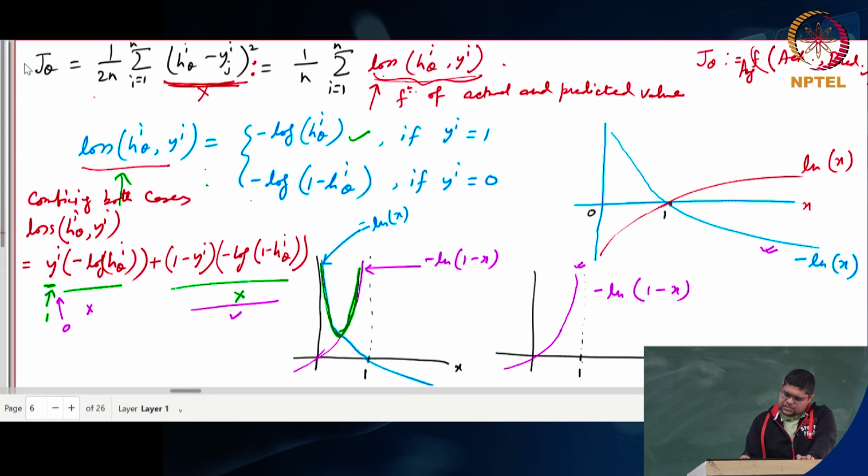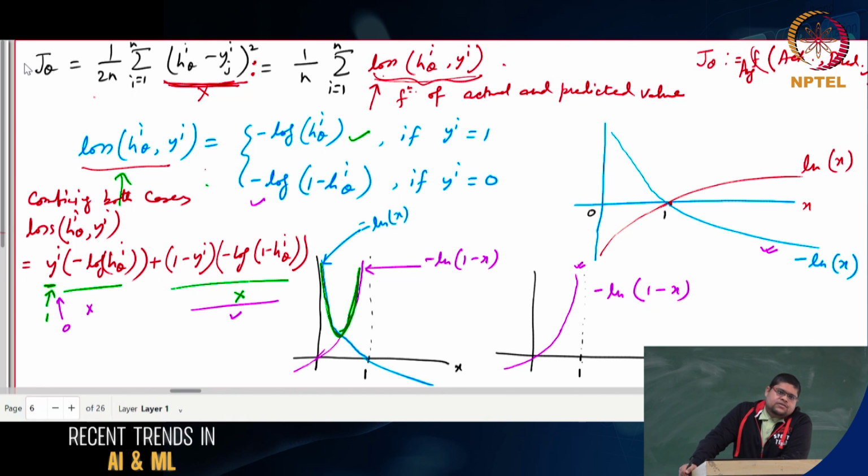In this way we are combining. There is a special name for this type of cost function that we will use in the later part of the neural network.